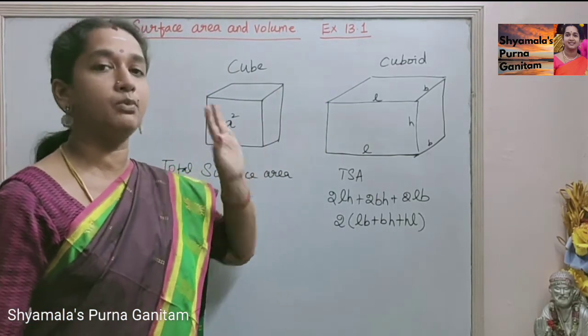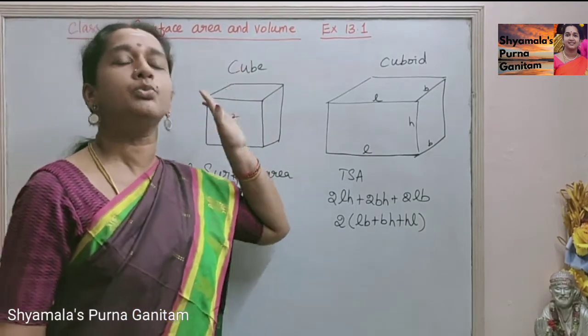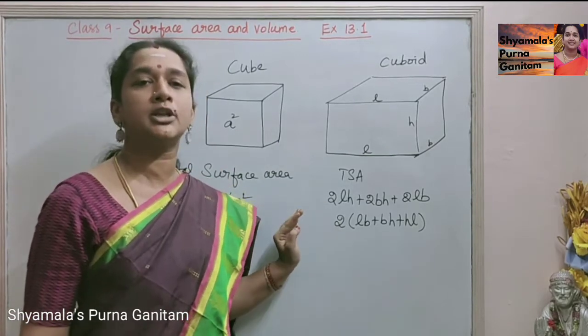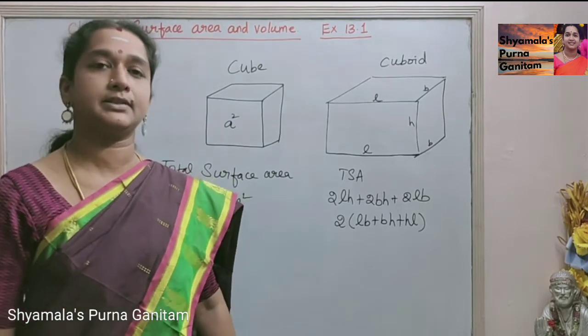Exercise 13.1. All the exercise sums in surface area and volume will be based on formulas only. So if you are very thorough in the formulas, you will be able to apply them in the exercise sums.